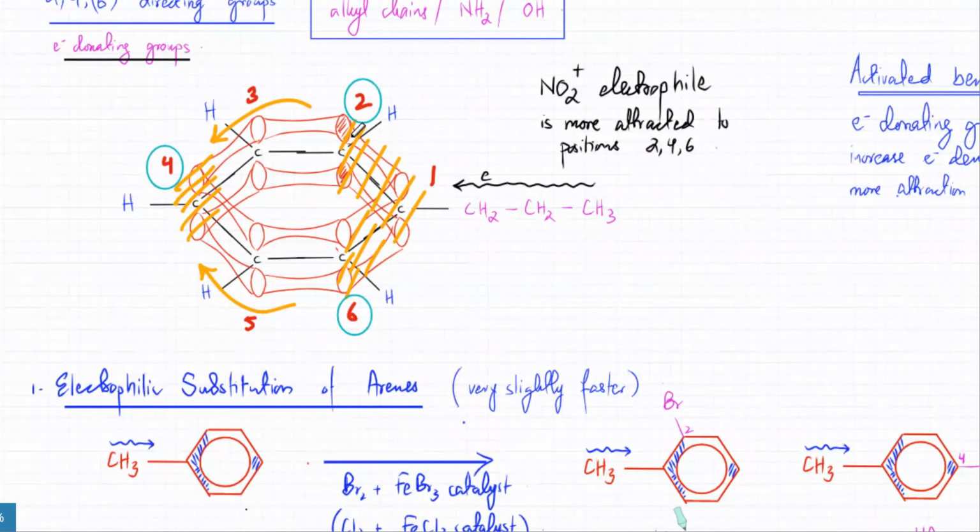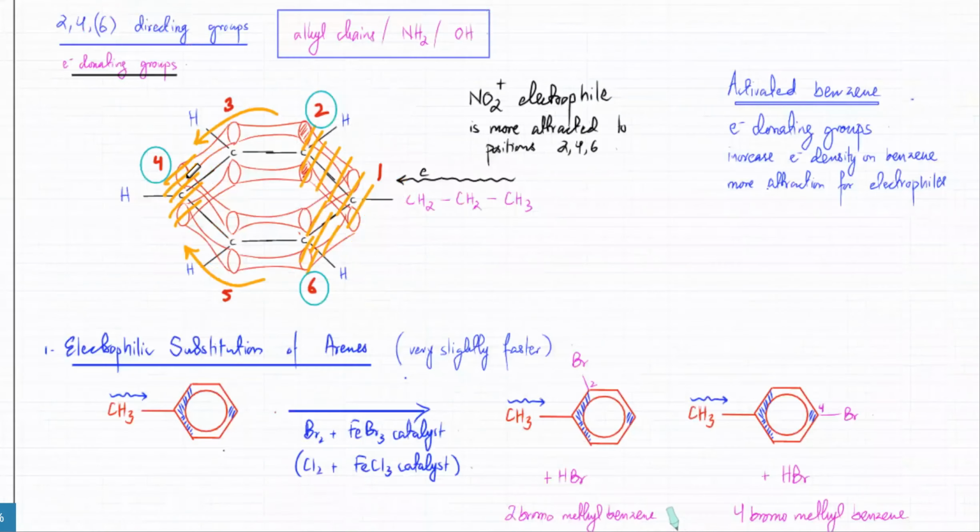So the electron density over here would increase, and all the other electrons in benzene will be repelled by the electrons on this side, and they're going to get concentrated on position number 4. So the electron density is going to be higher at positions 2 and 6, and higher at position 4 as well. Which is why an electrophile coming in would be a lot more interested in position 2 or 6, or position 4. So this is what we discussed.